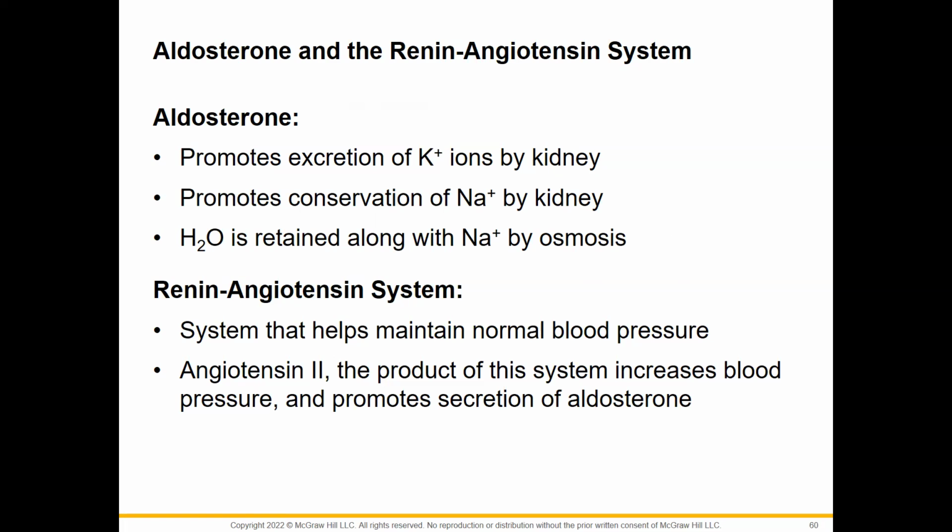Ions are charged particles. This is potassium. We know that potassium is a charged particle because it has this little plus on it. This is sodium. This has a charge as well. So these are ions, and mineralocorticoids affect ions. So this aldosterone specifically promotes the excretion of potassium by the kidneys, and it promotes conservation of sodium by the kidneys. All right.